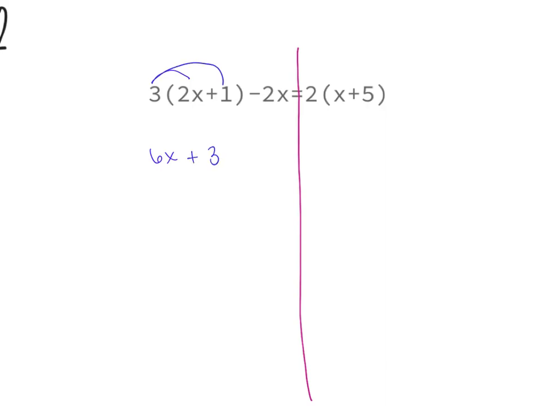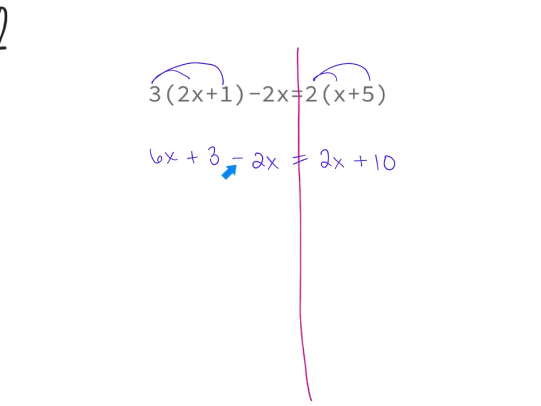Drop down anything you don't use. So minus 2x equals, and then over on the right side, 2 times x is, sorry, 2x, and then 2 times 5 is a positive 10, plus 10. The next step is to combine like terms without crossing the equal sign. So over on the left side, I have a 6x and a negative 2x. Remember, if we're subtracting something, that negative is attached to the number.